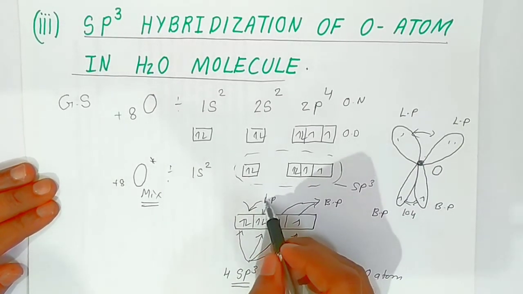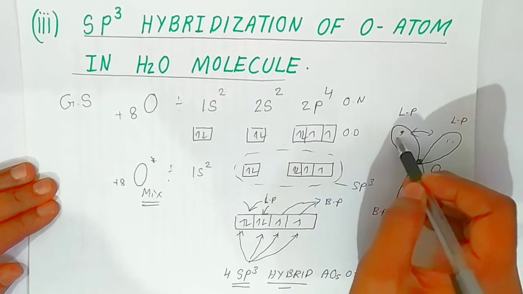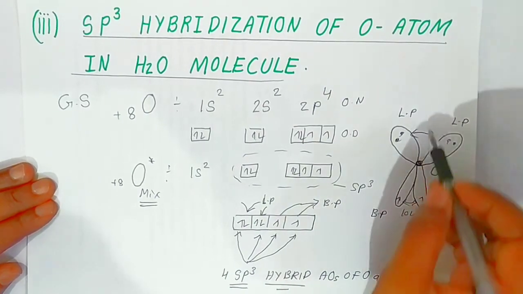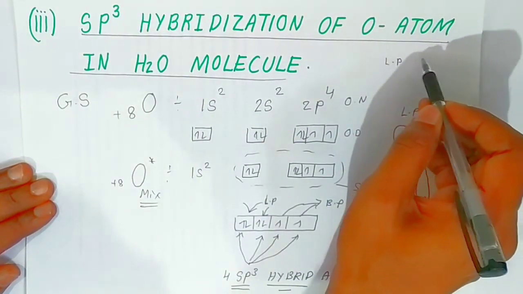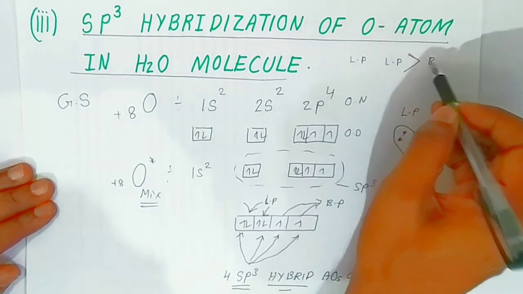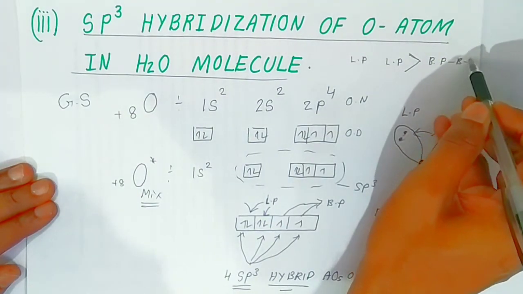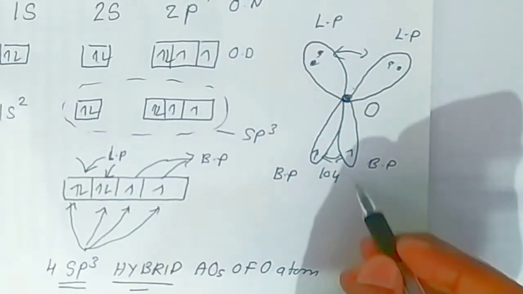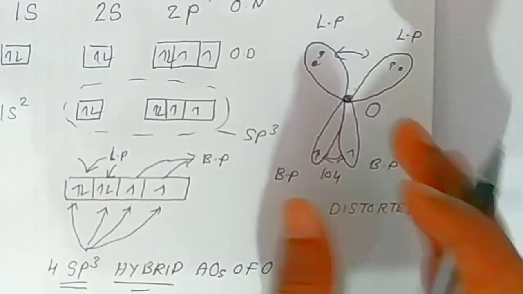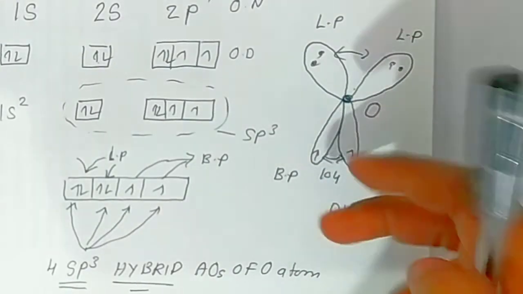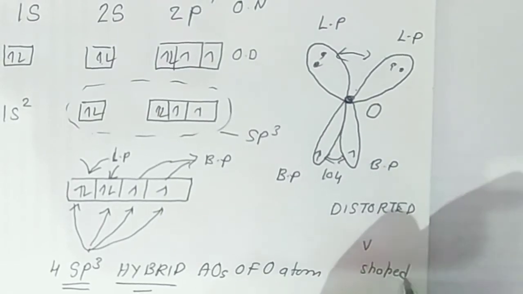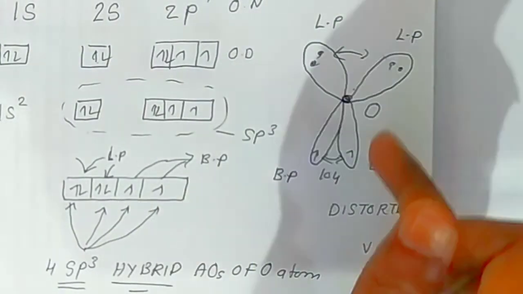The lone pair electrons I have shown like this, and for the bonding pairs we have shown only one electron. Lone pair to lone pair repulsion is very high compared to bond pair to bond pair repulsion. Because of that we get a distorted tetrahedral structure, and it is going to be converted into a V-shaped structure. You can see this is the V-shaped structure of the hybrid atomic orbitals.